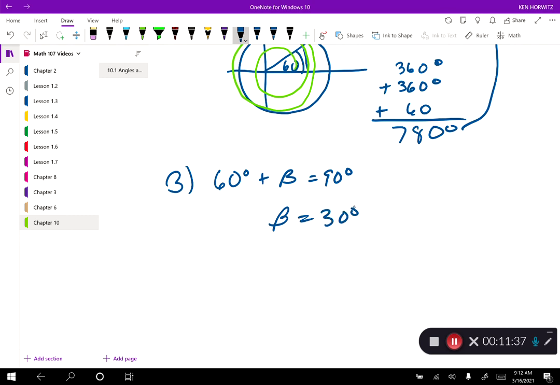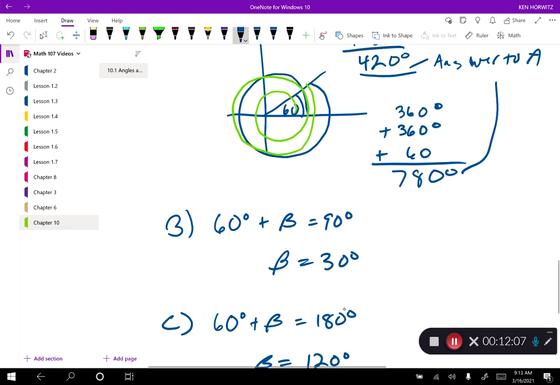There's an angle complementary to 60 degrees. And now for C, we need an angle supplementary. So that means 60 degrees plus beta equals 180 degrees. So beta must equal 120 degrees. Again, like I said, the math is not overwhelming here. It's just a matter of knowing what the words mean. That's why I say that it's very, very important.